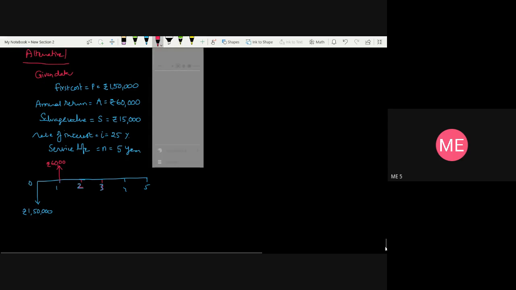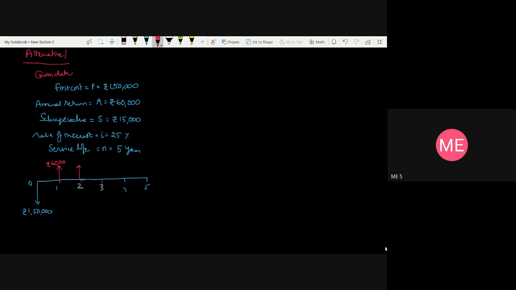For every year we have rupees 60,000. Now the salvage value is given, so I'll add to this rupees 15,000. So 15,000 is the salvage value.